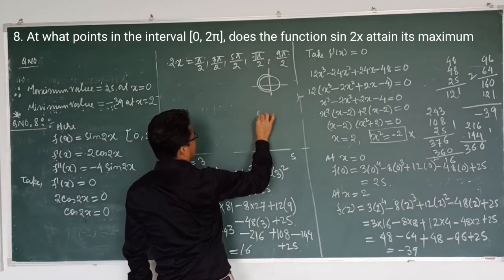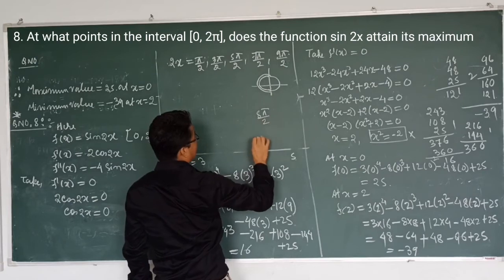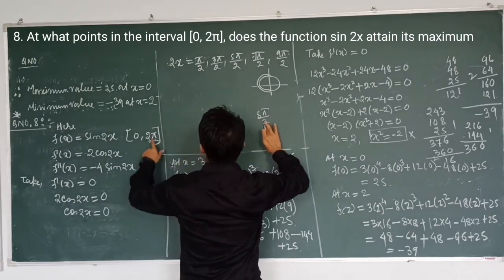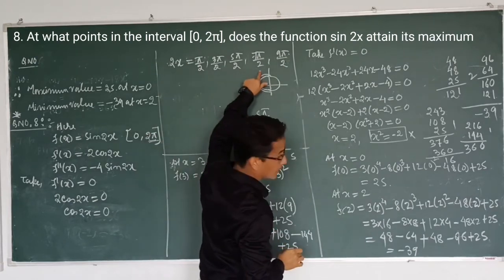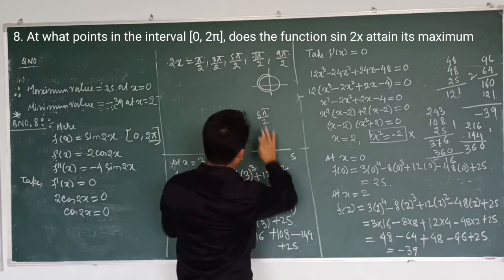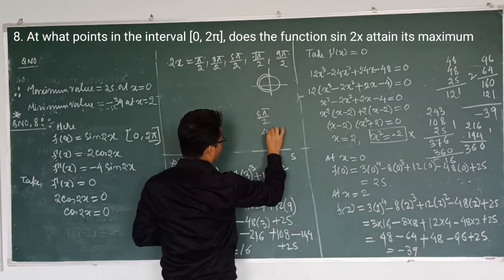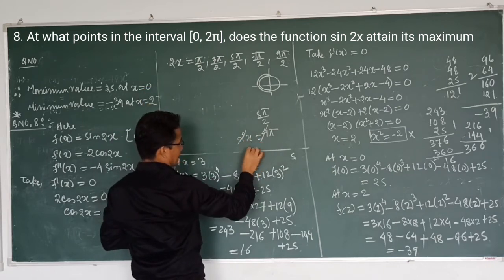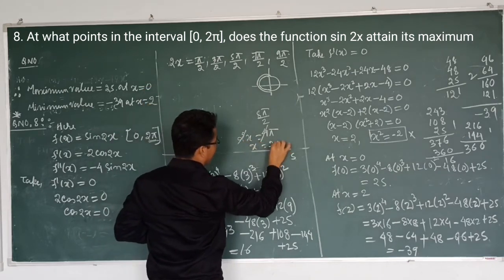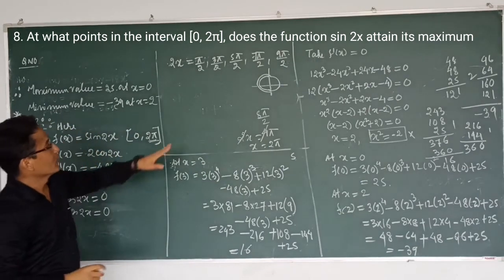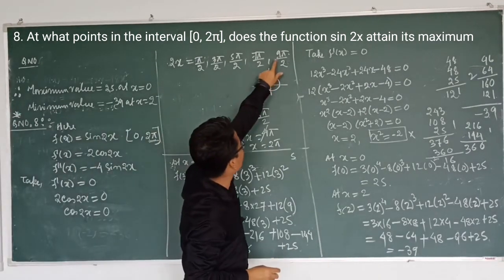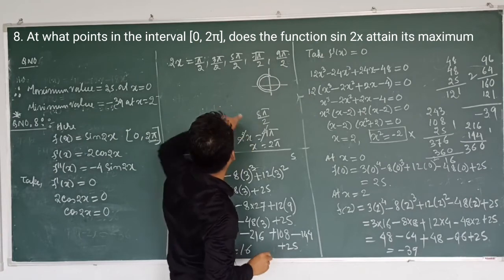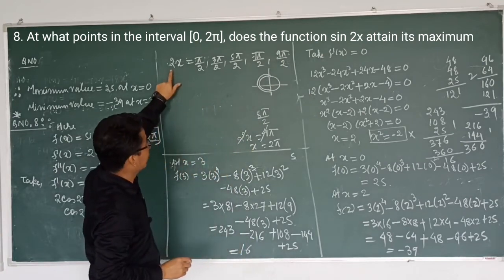If you take 8 pi by 2, it is 4 pi, but this is 2x, not x. So x equals 2 pi. We do not consider the value 9 pi by 2 because 2 pi is already there.